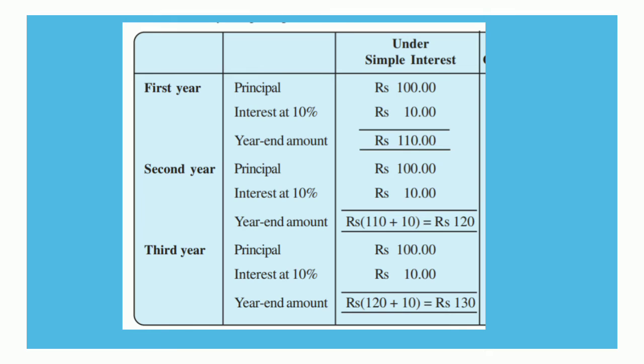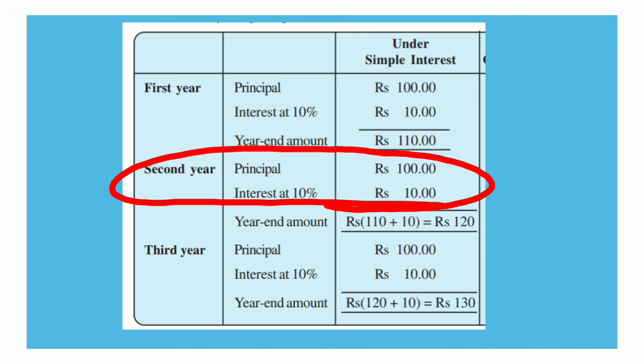See this example. First year, the principal is 100 rupees, interest at 10 percent means 10, so the year-end amount is 110 rupees. Second year, there is no change in principal. Principal is 100. That is the important matter: in simple interest, there is no change in the principal. Principal is always 100, and interest at 10 percent is 10 rupees.